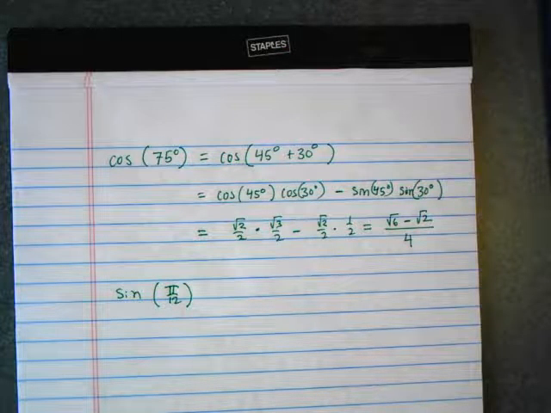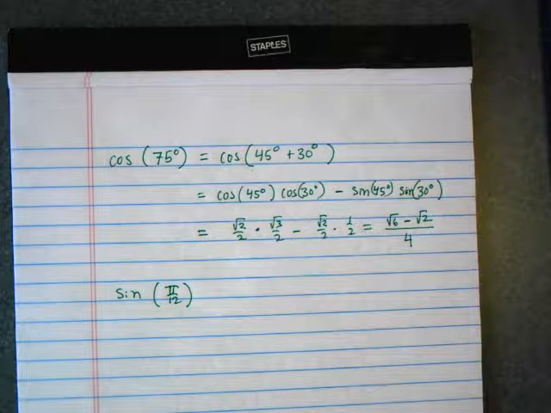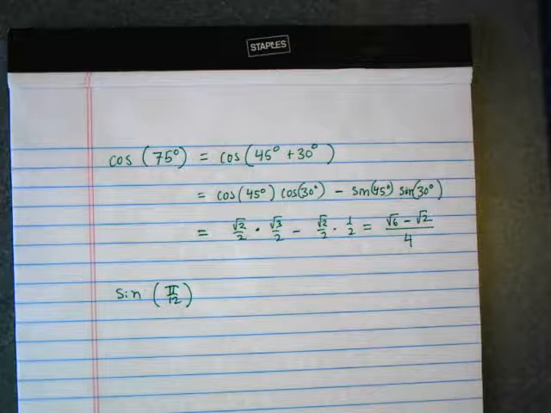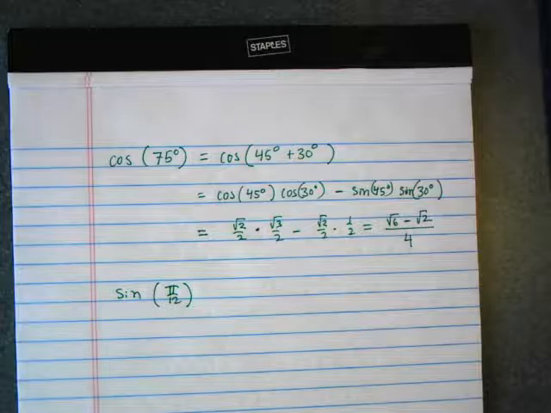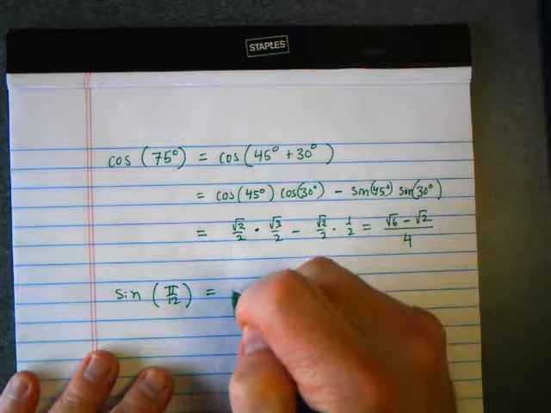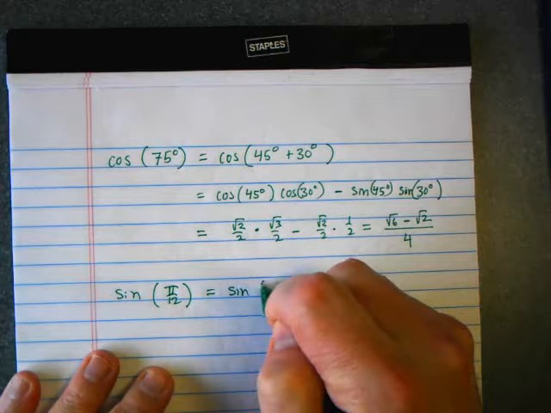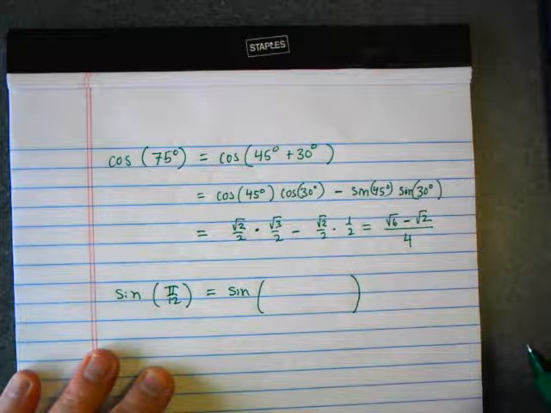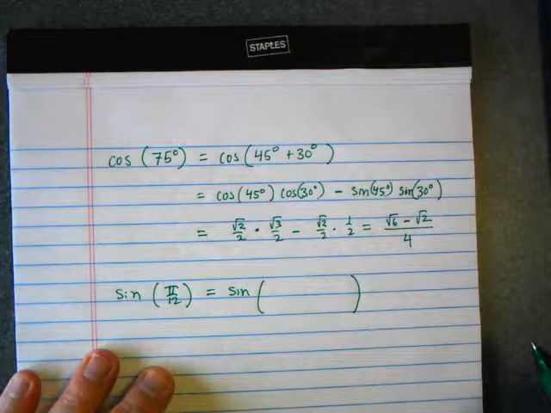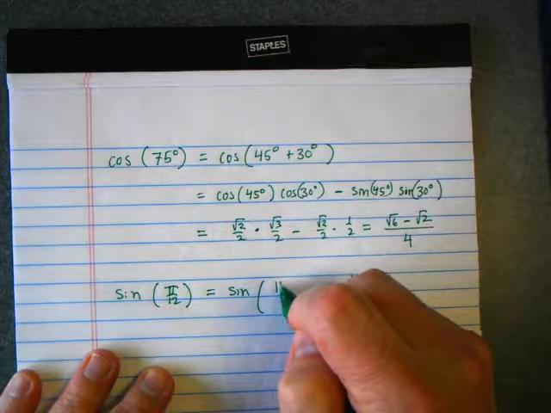Those will have a common denominator of 12, won't they? So which order do I put it in? Am I adding or subtracting? Pi over 3 first, because you multiply the bottom by 4 to get 4 on the top, and then 3 on the top. So 4 minus 3 is 1.